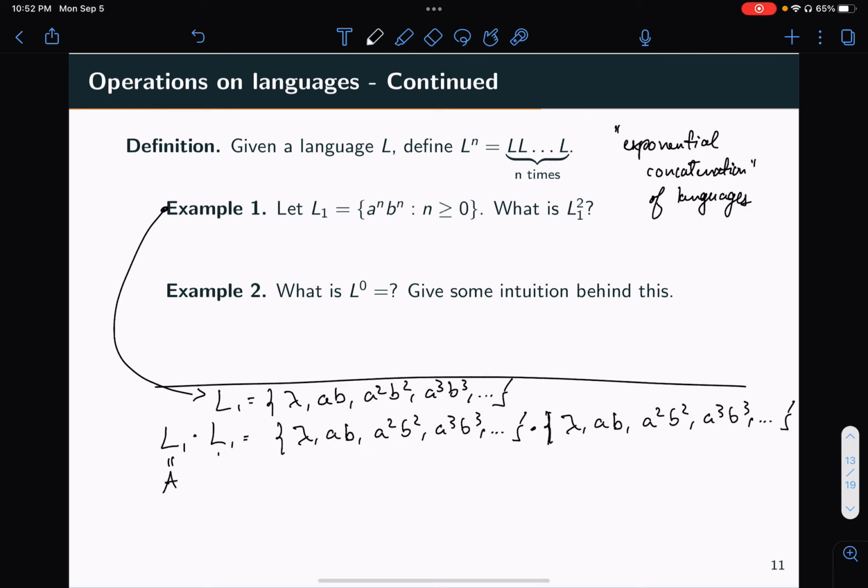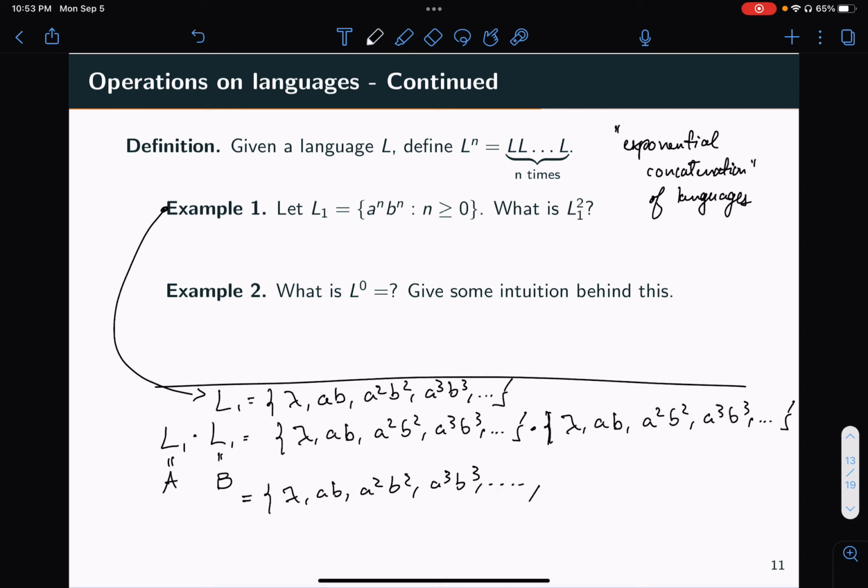So let's say this is A and this is B. So then I take each string in A and then concatenate it with each string in B, right? So I take lambda, concatenate with lambda, with AB, A2B2, A3B3, and so on. Okay, so then that means that I first get lambda, AB, A2B2, A3B3, and so on, right?